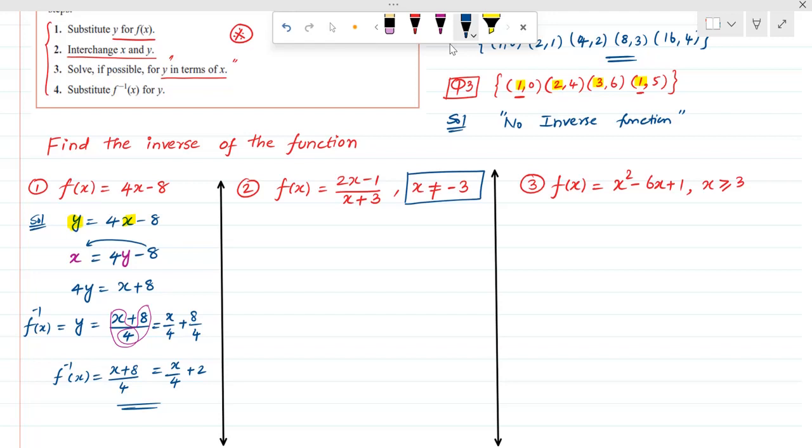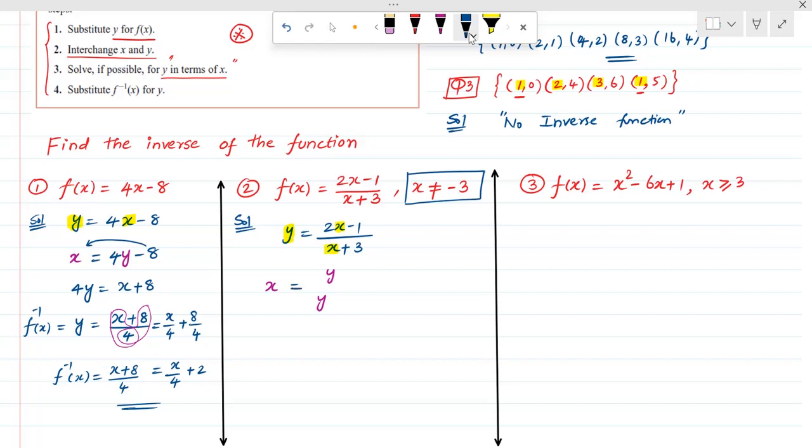The function is not defined. So we will solve this type of problem. y equals (x minus 1) over (x plus 3). Now I have to replace x with y. Here in two positions you have to replace y, and here x. So if I replace, you will get x equals (y minus 1) over (y plus 3). The remaining is going to be the same.